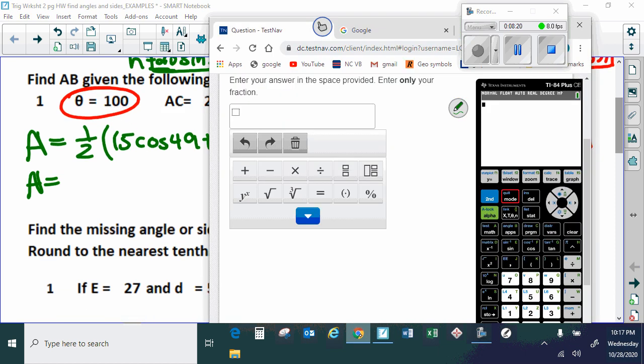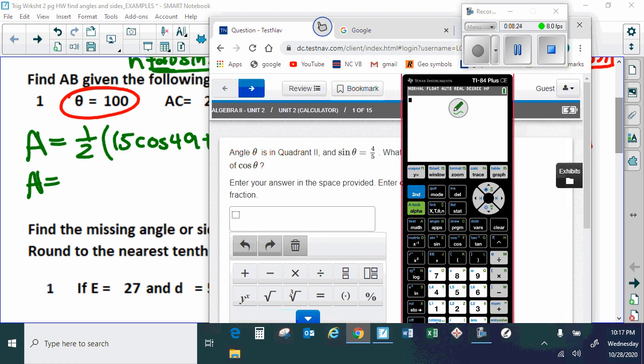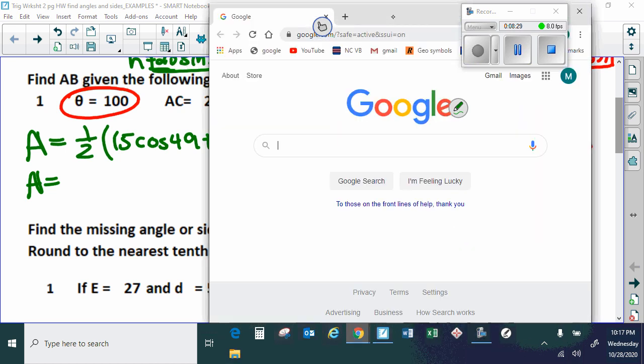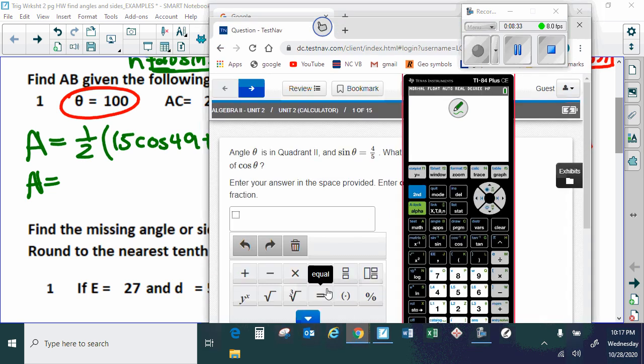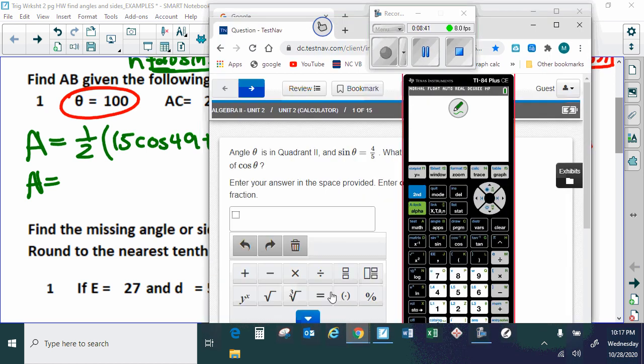Hold on, where'd that go? I guess I'm going to have to use this whole thing here. Come on.